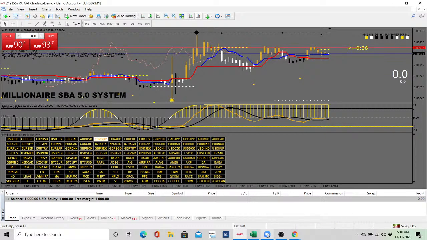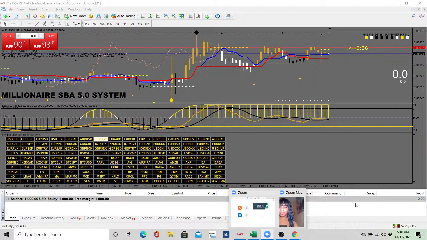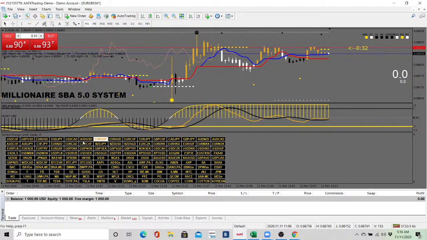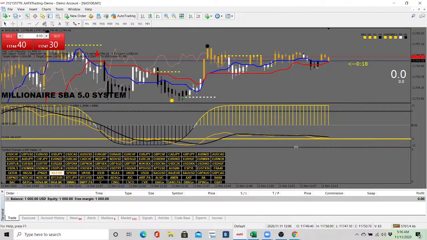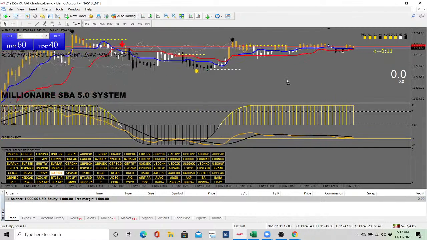What else we got? Let's check NAS one more time. NAS 100. I mean, so is anyone trading with me? I'm not trading yet, but is anyone on here in a trade? If you are in a trade, please drop your pair in the comments. I would love to know.